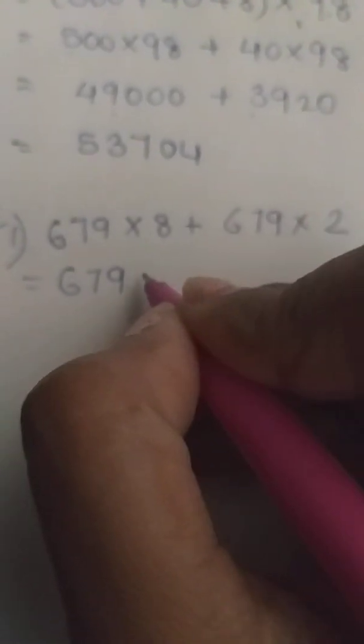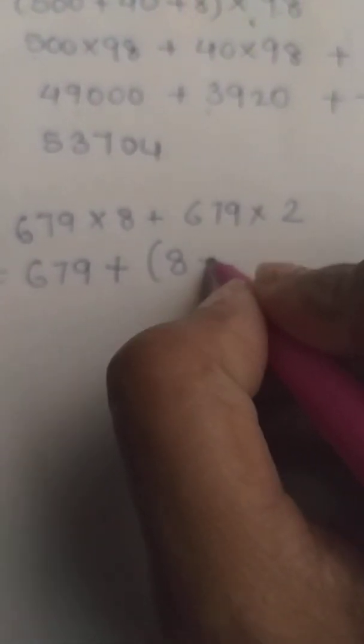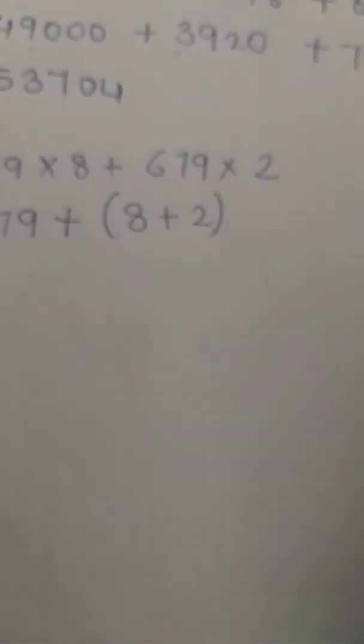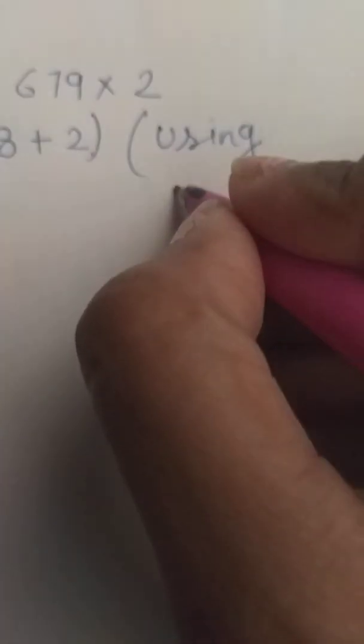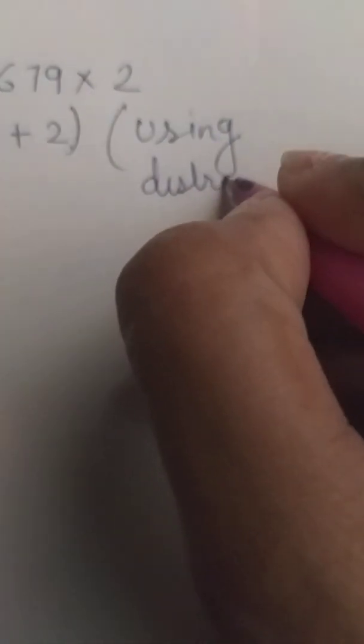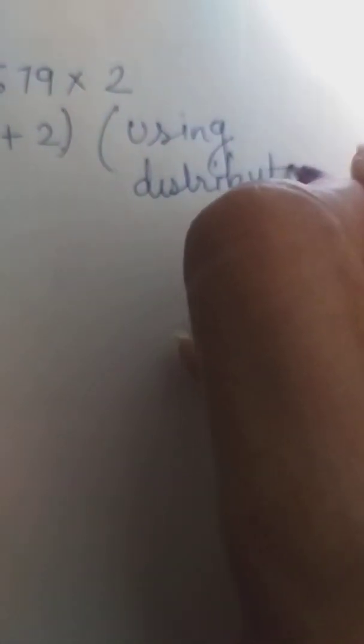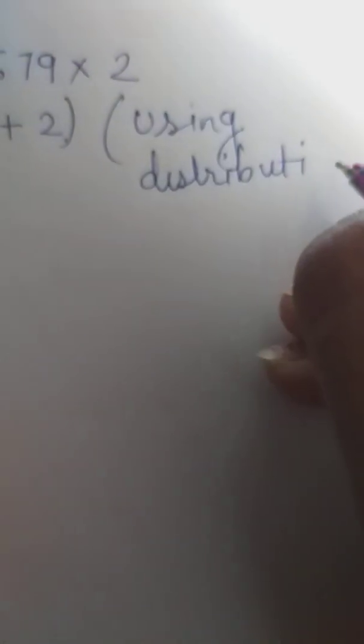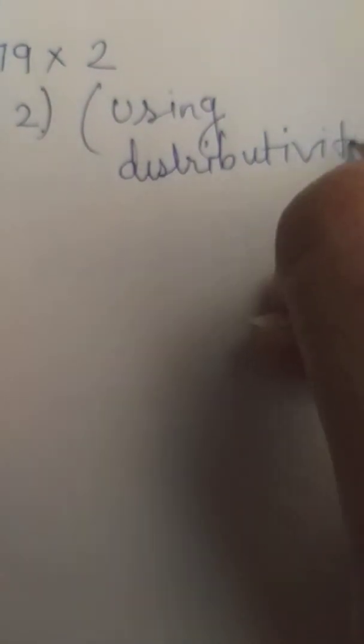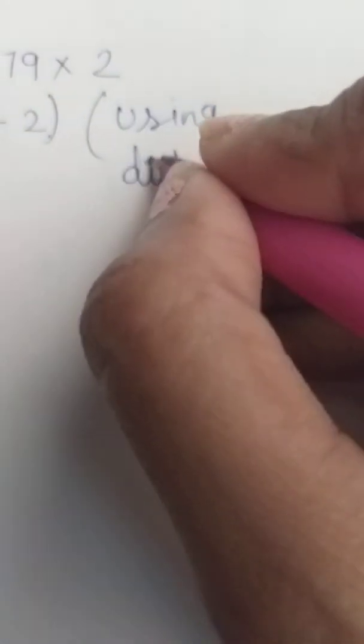679, because it is in common, then the numbers left, 8 plus 2, I'll write in a bracket. Which property am I using here? That is distributivity.